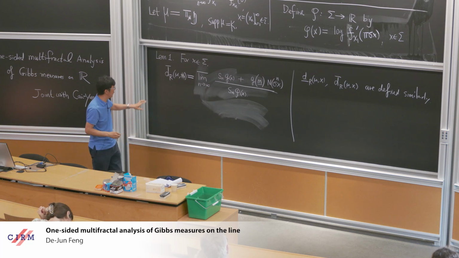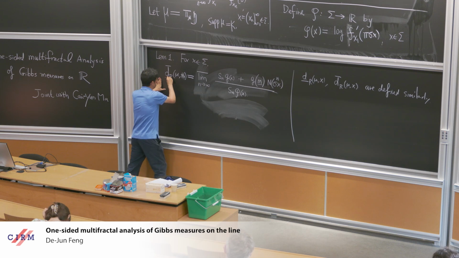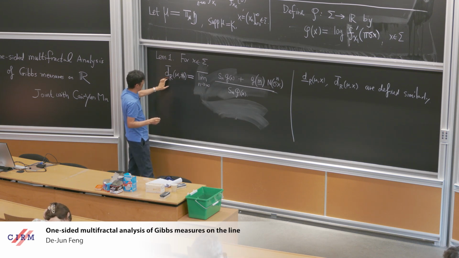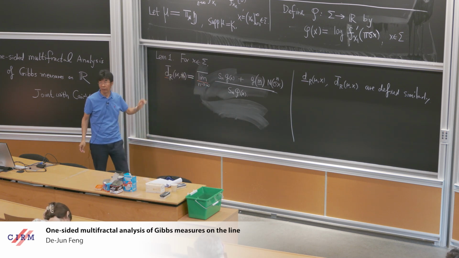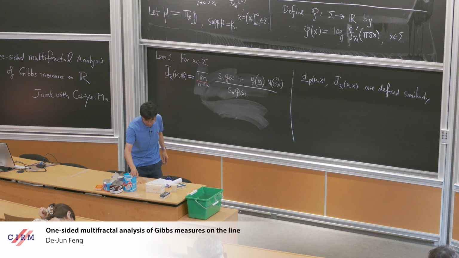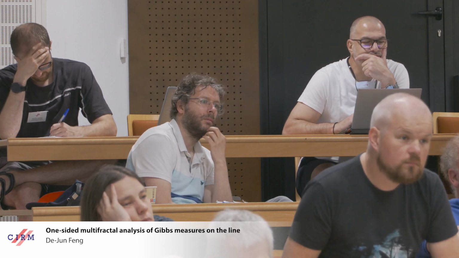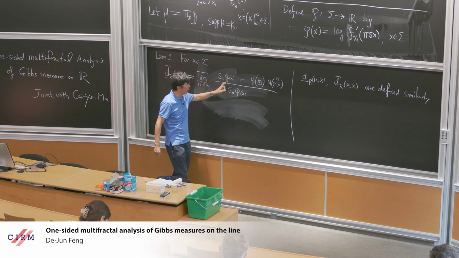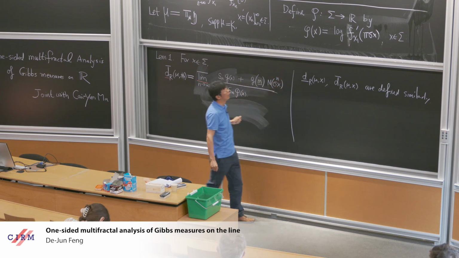Also, you can consider the lower one-sided local dimension. If you change the upper local dimension to the lower local dimension, you simply need to change the upper limit to the lower limit. Here, the function g is the potential for our Gibbs measure eta, and phi is the potential defined above.